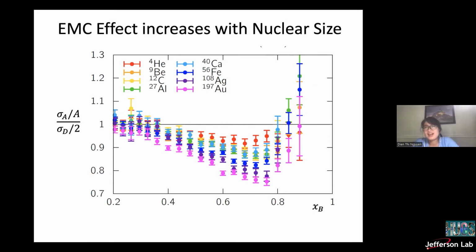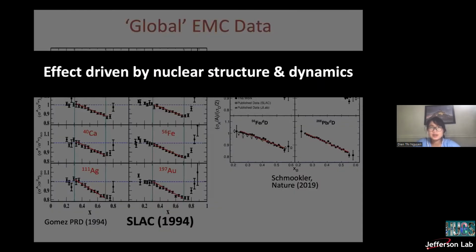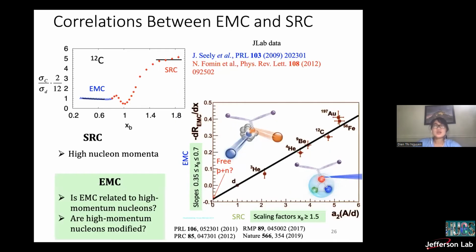In this region, the Fermi motion is the one bringing that rise. We can see it better from this picture. When we connect them together, before when we discussed SRC, we only cared about the region of x bigger than 1, so we only saw data from that range.